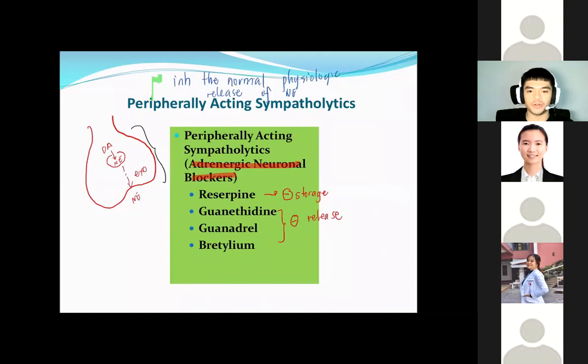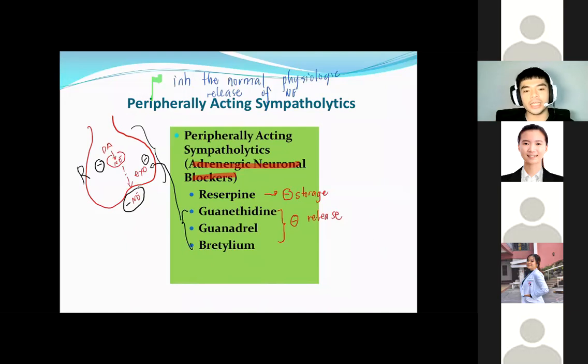Like for instance, for reserpine, it blocks storage of dopamine. Reserpine blocks the storage. While these drugs, yung tatlong ito, they block exocytosis, which both in turn will inhibit the presence of norepinephrine in the cleft.